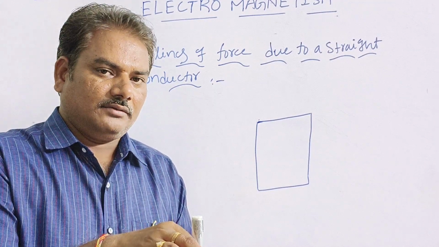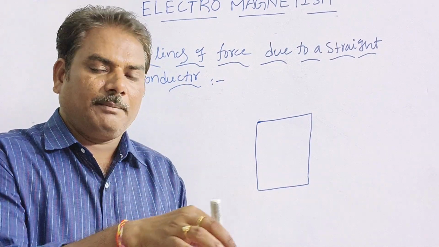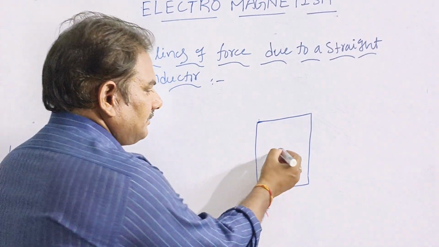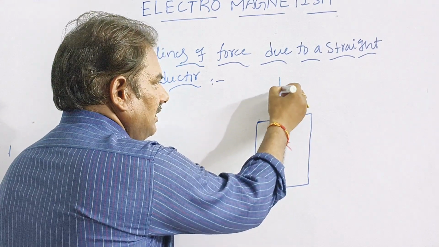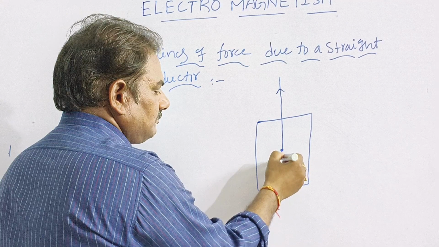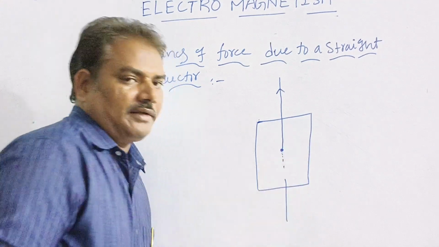let a wire pass through the plane sheet like this. This is the wire.